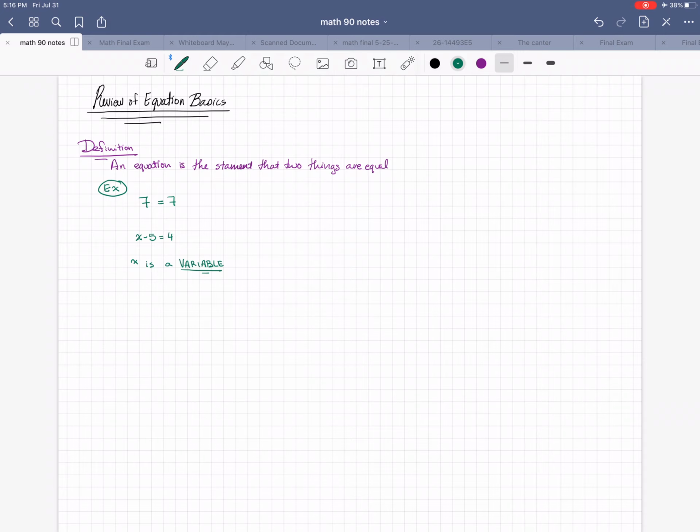So that brings us to the next question, or perhaps we should even call it the next definition: solving an equation.